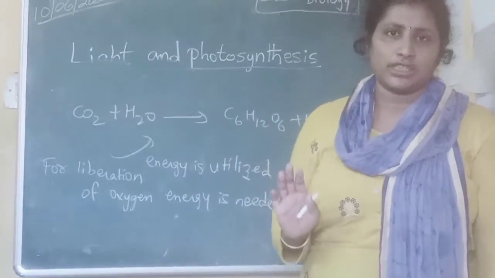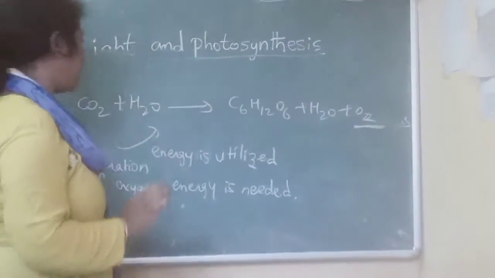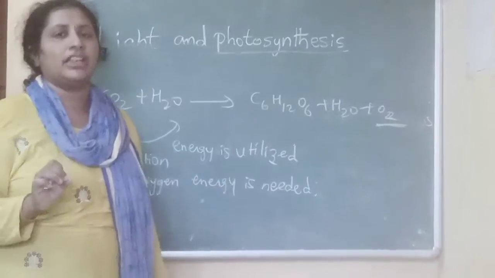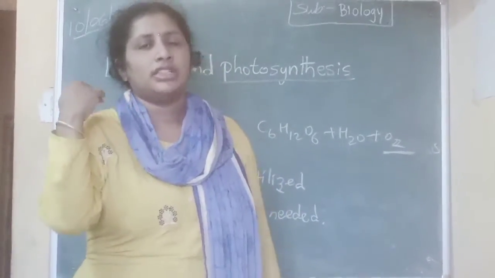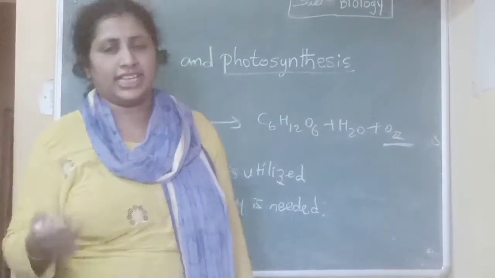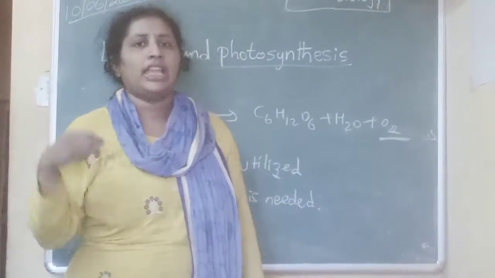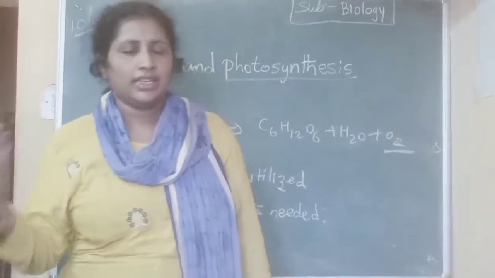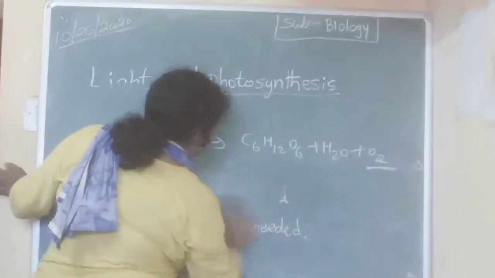This was the statement given by the scientist: for oxygen release, you need to supply energy. From any compound, if you want to release oxygen, energy has to be supplied to that compound, and only then is the oxygen released.